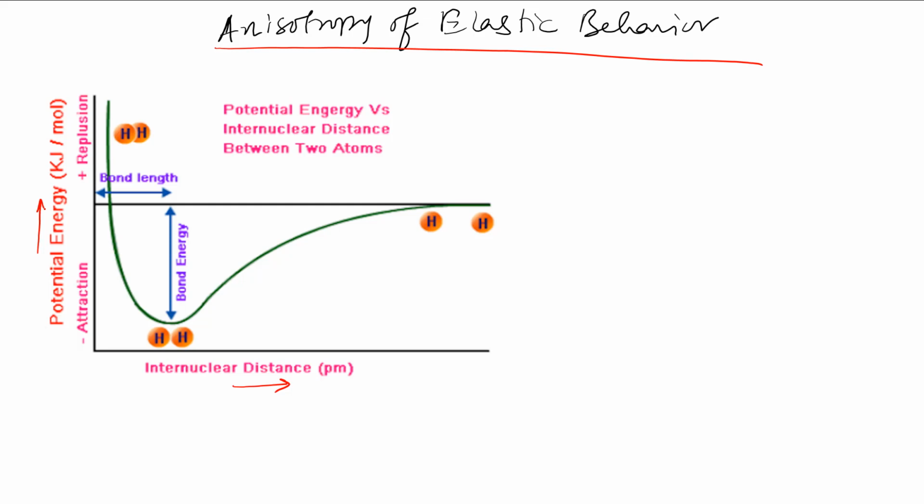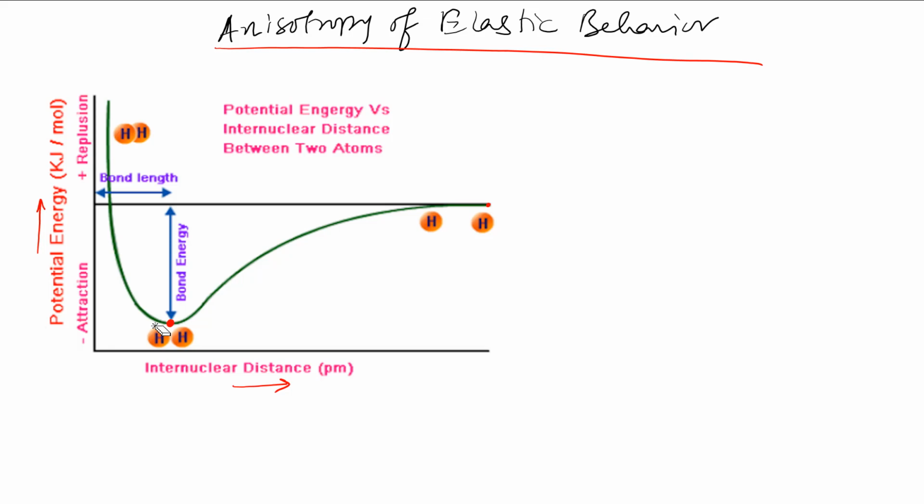When the two atoms are separated by a very long distance, the energy between them is zero. When the two atoms are brought together, the energy curve follows like this, and it becomes negative at the location where there is an equilibrium between them.